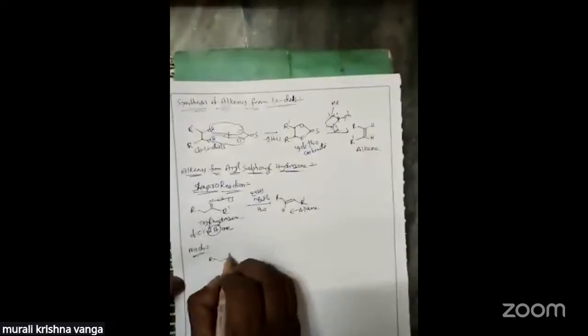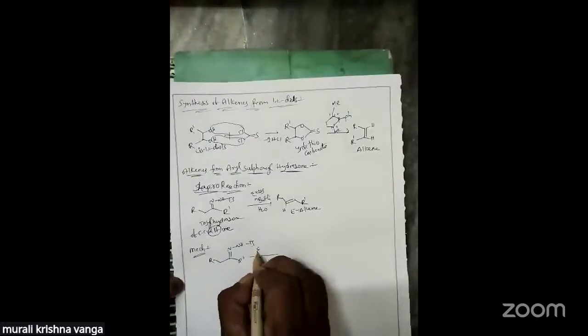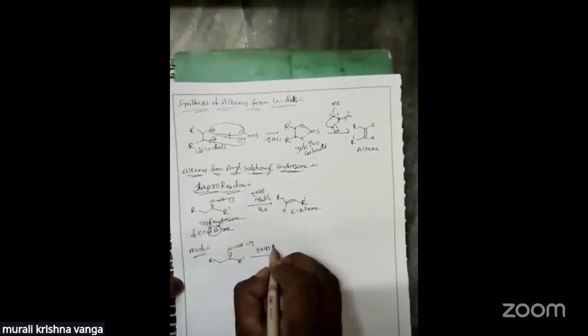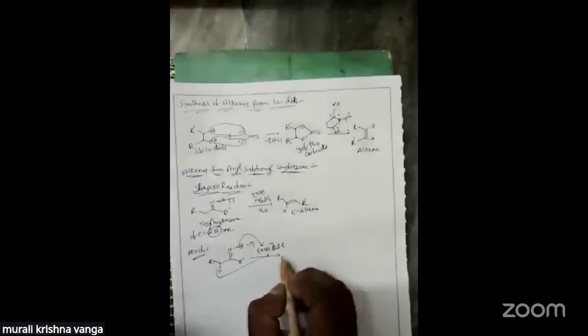Mechanism for this Shapiro reaction: when the tosyl hydrazone of a carbonyl compound having at least one alpha hydrogen reacts with excess n-butyl lithium, the proton is abstracted from the alpha position and the nitrogen position.